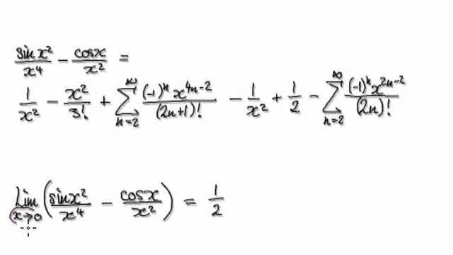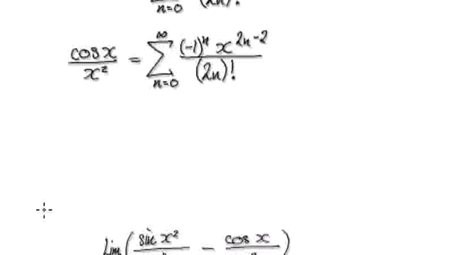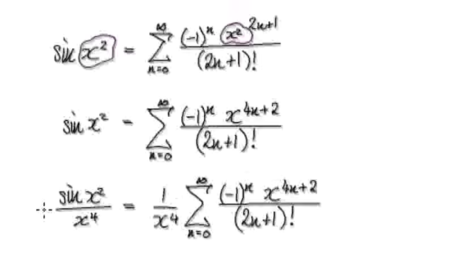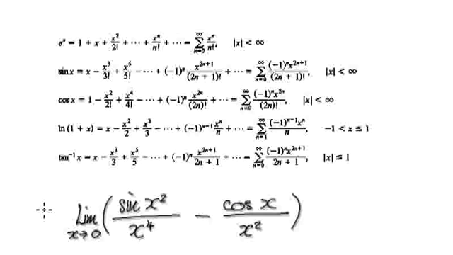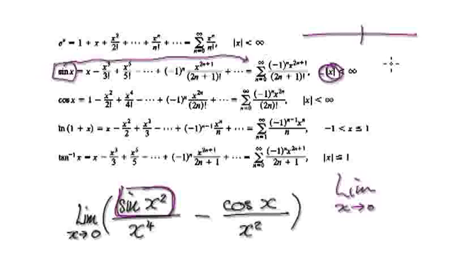And by the way, you're trying to evaluate as x heads towards 0. If you go back right to the start, we needed to turn this into a series. Well, if you look at this here, x is valid for all values. X can be anything on the real number line. So you heading towards 0 is fine, because this thing here works for all values of x.